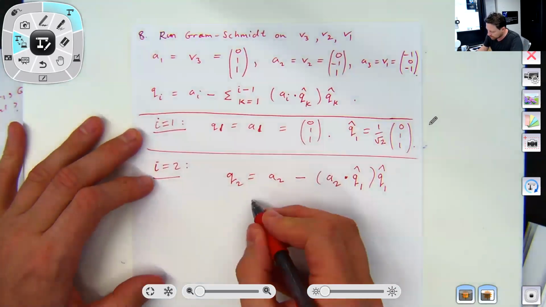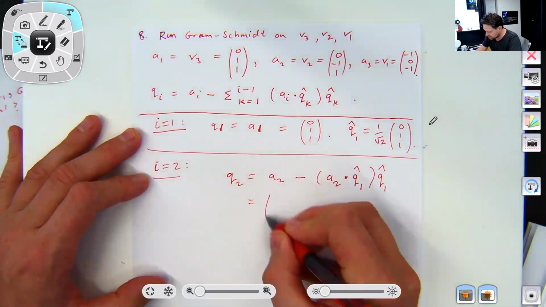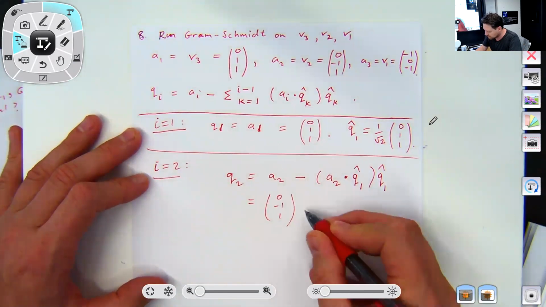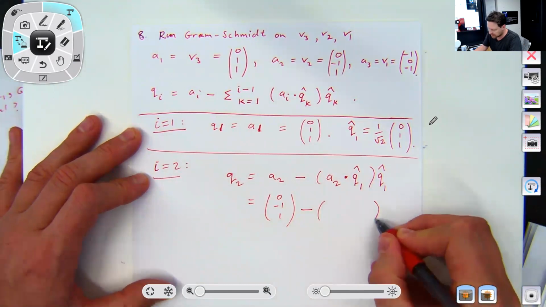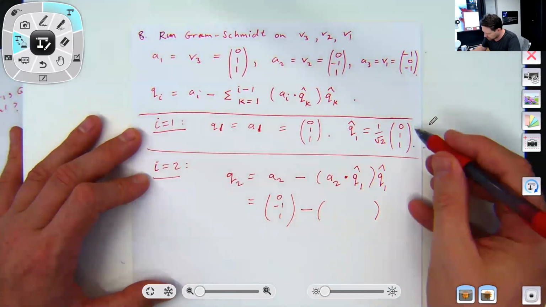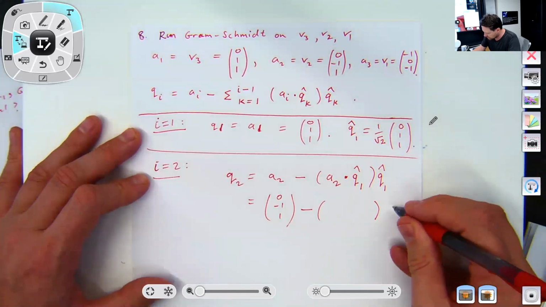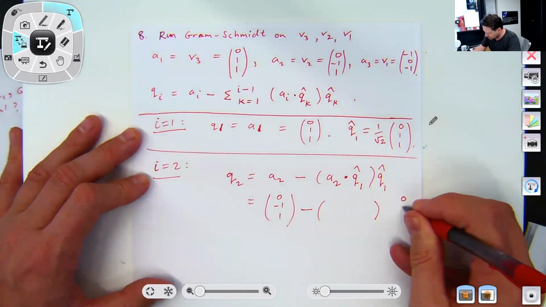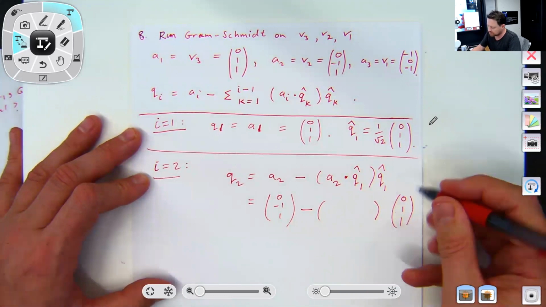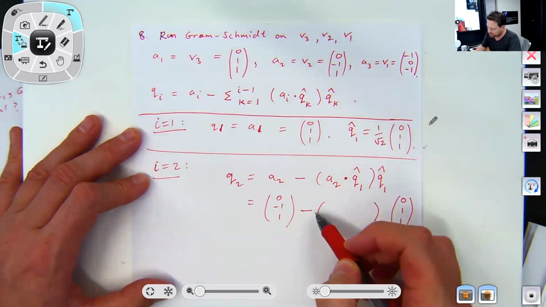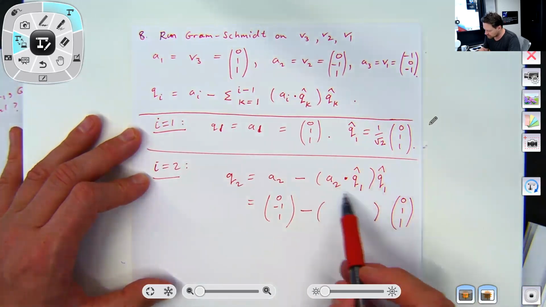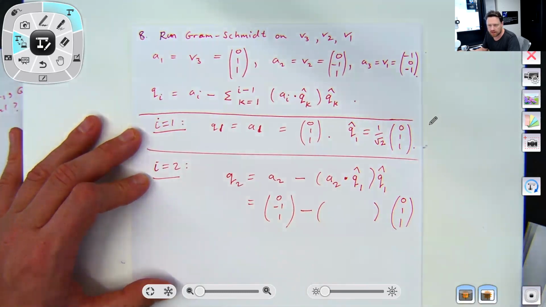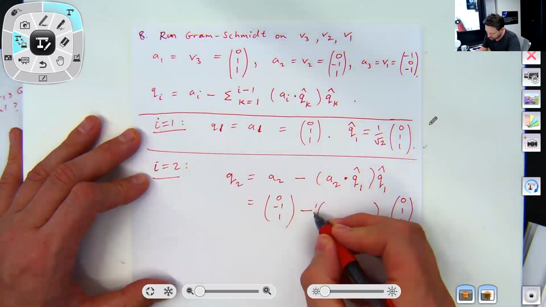Okay, so now that we've got the formula written out for the case i equals 2, let's simplify this by subbing in. A2 is 0, minus 1, 1. And then we subtract. So in here we have a dot product or scalar product, and then we'll be multiplying by this vector. Okay, so I'll put in the 0, 1, 1. But now I'm just going to note that that 1 on root 2, I can put that out the front. Okay, and in this dot product, I also have a 1 on root 2. So noting that, I can just write out in the front as 1/2.